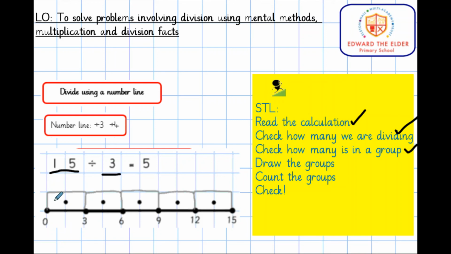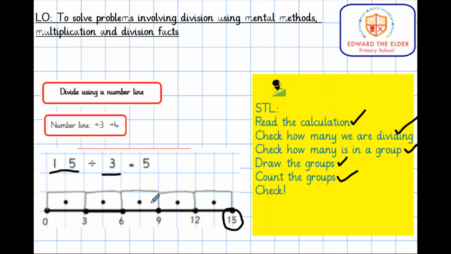This is a group of 3. This is a group of 3. This is a group of 3. This is a group of 3. This is a group of 3. We stop at 15. Count the groups. 1, 2, 3, 4, 5. We have 5 groups.